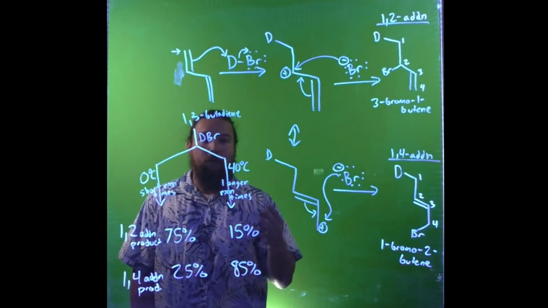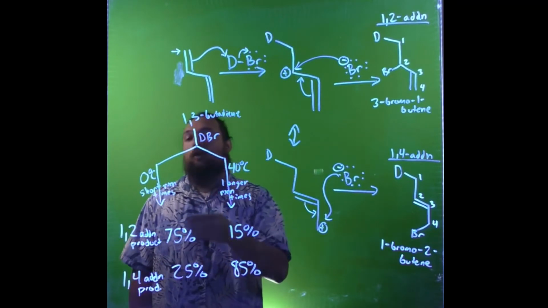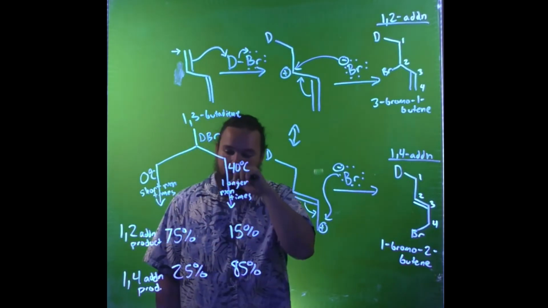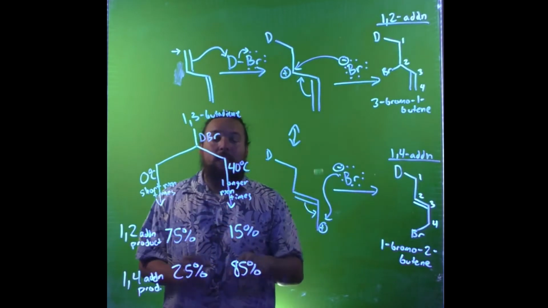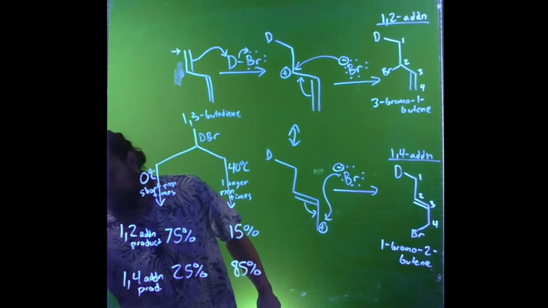This is a pretty amazing thing. We didn't change any of the solvents or anything. All we did was decrease the temperature or increase the temperature, and we can basically see these products flipped. The major and the minor product ends up getting flipped.